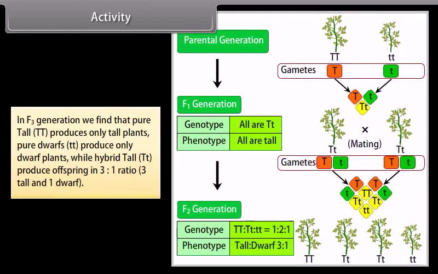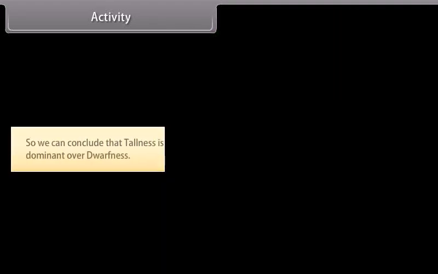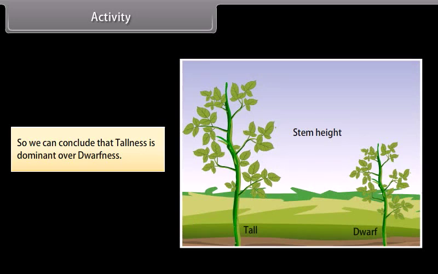In the F3 generation we find that pure tall TT produces only tall plants, pure dwarf tt produces only dwarf plants, while hybrid tall Tt produces offspring in a 3:1 ratio, 3 tall and 1 dwarf. So we can conclude that tallness is dominant over dwarfness.